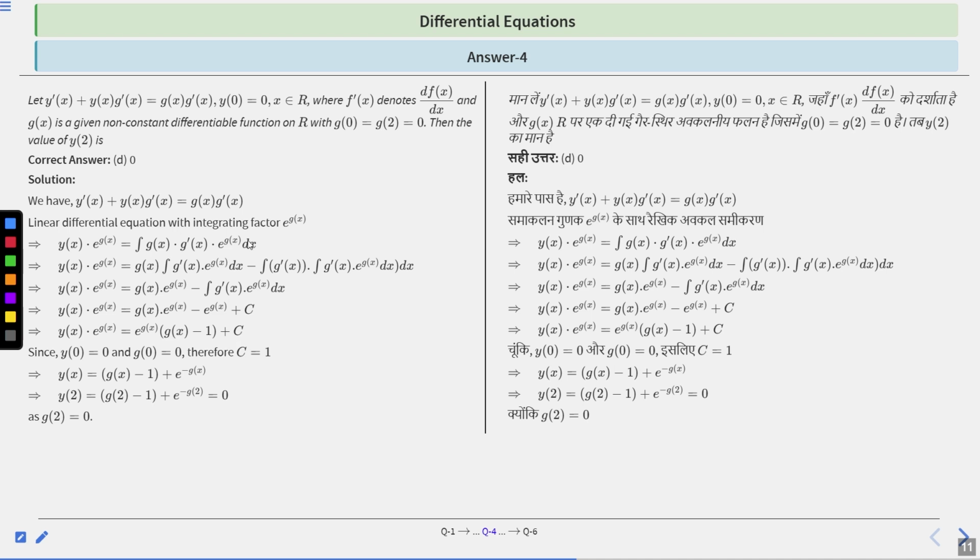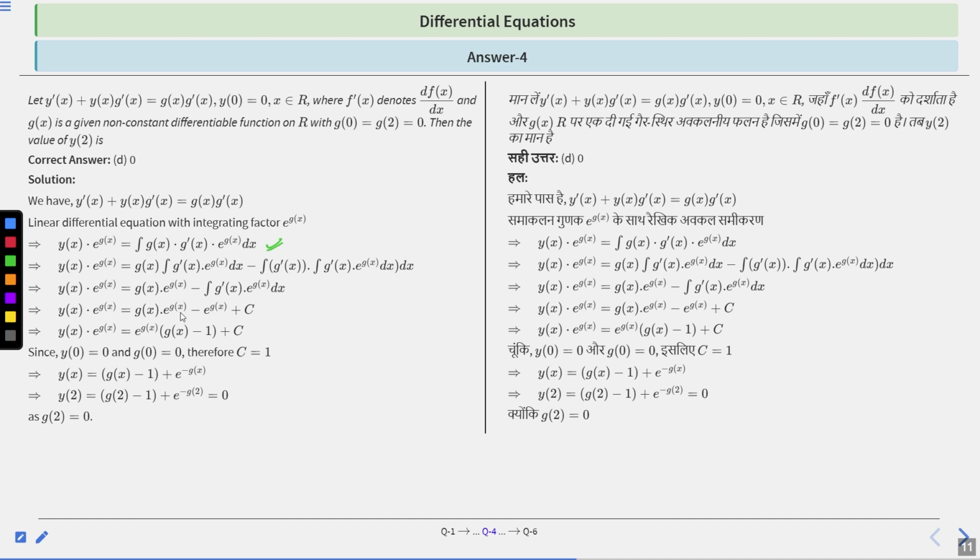Now we can apply integration by parts on the right hand side. The left hand side is y(x) e^g(x), and the right hand side is g(x) times integration of g'(x) e^g(x) dx, minus integration of g'(x) times integration of g'(x) e^g(x) dx.